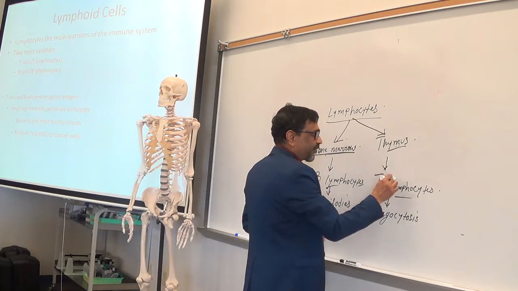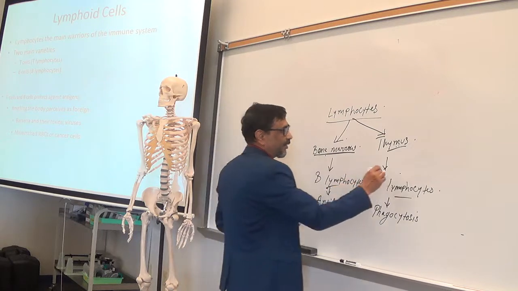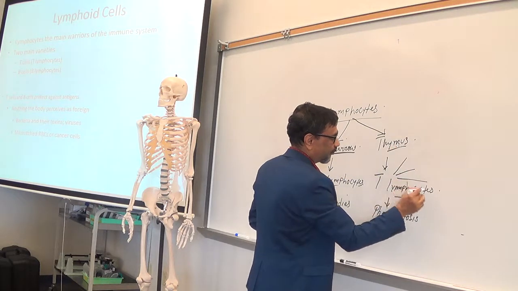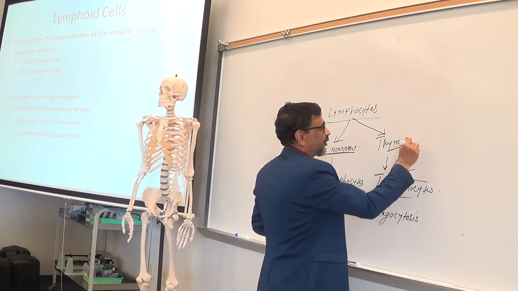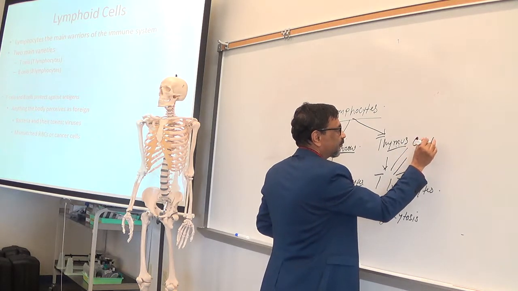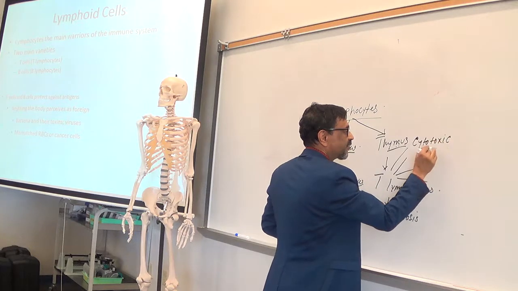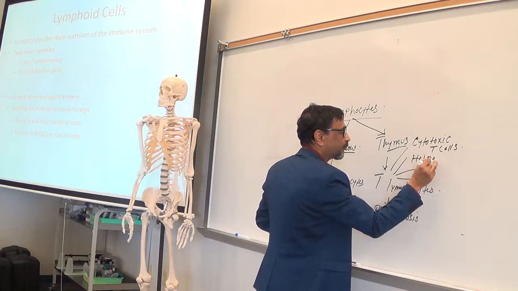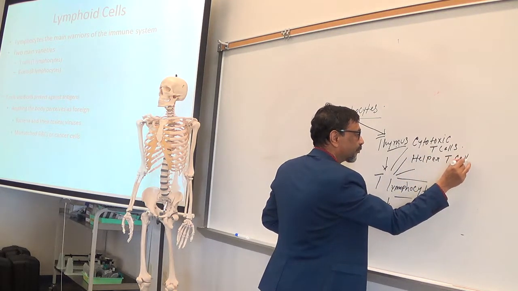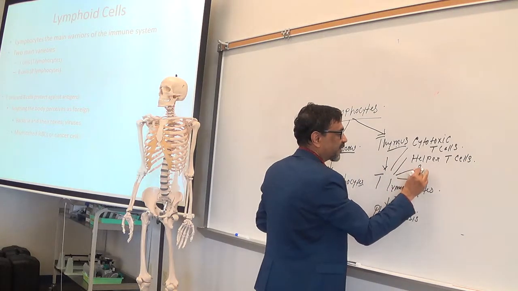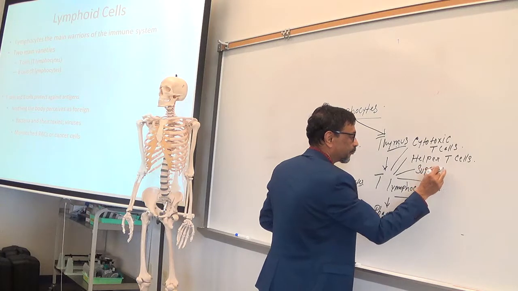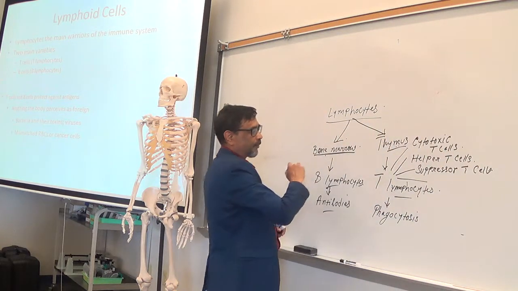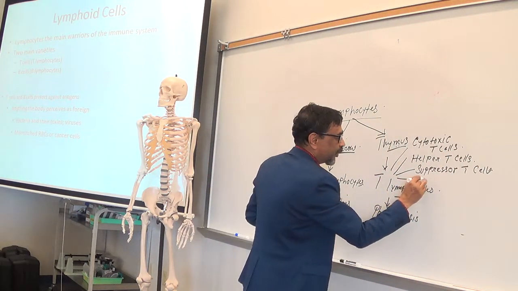Now, there are different types of T lymphocytes: cytotoxic T cells, helper T cells, suppressor T cells, and memory T cells.